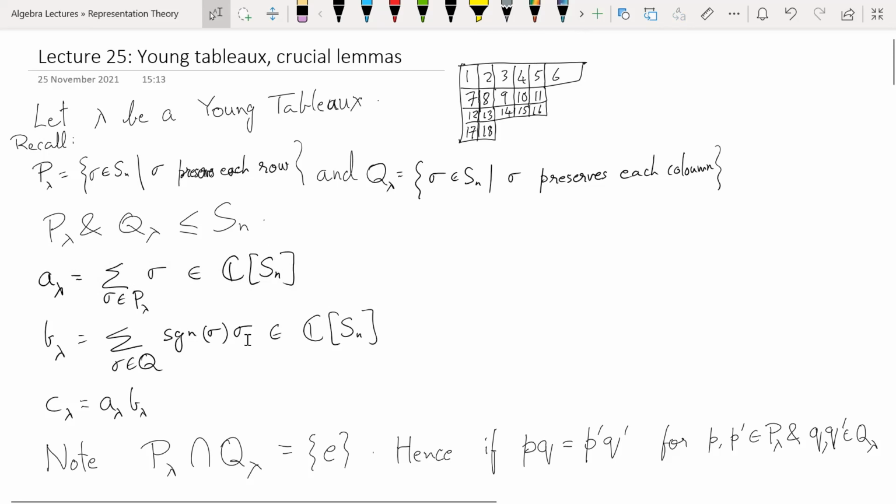So if sigma is an odd permutation lying in Q, then you put it with a negative sign. If it is an even permutation, then you put it with a positive sign. And then C lambda, we define to be the product of A lambda and B lambda.